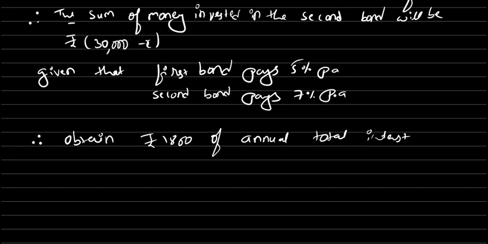We will make one matrix. In one matrix we will write X as one term and 30,000 minus X as another, multiplied with the formula itself.